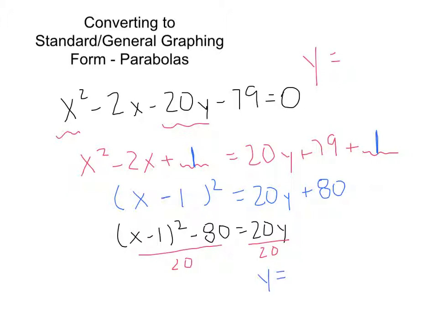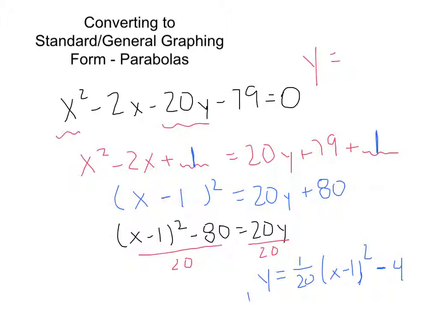Now think about what our graphing form of parabolas, when we've been looking at them as conics, looks like. It has a fraction. So I'm going to write 1 over 20 times x minus 1 squared minus, let's see, negative 80 divided by 20 is just 4.